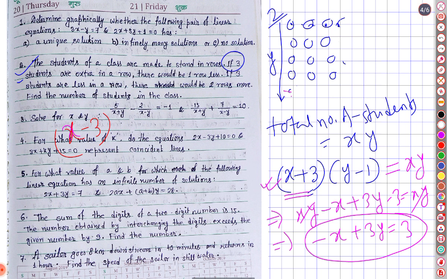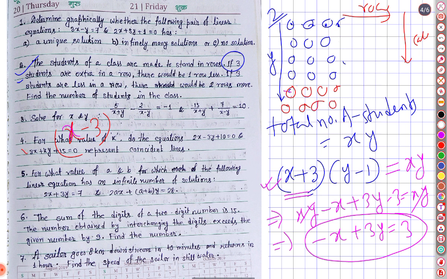If we reduce three students in each row, then rows will increase. You know what is row and what is column. This horizontal line is called the row, and this is called the column. So if we remove three students from each row, then our number of rows will increase.